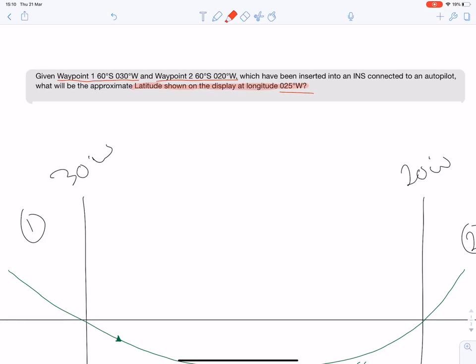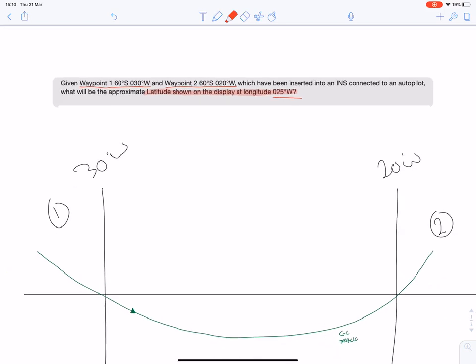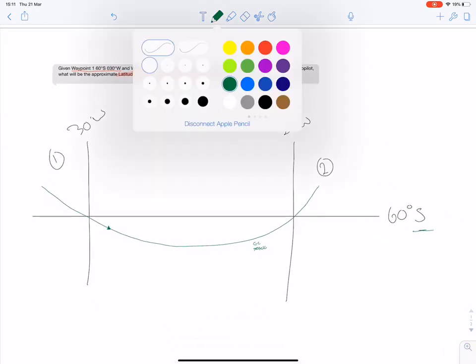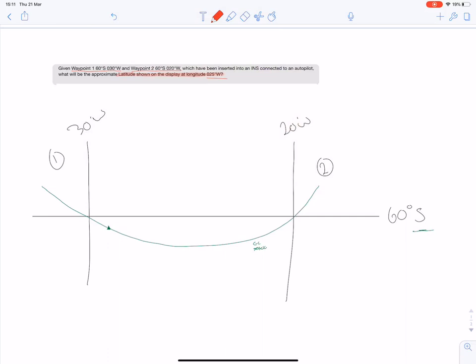The approximate latitude shown when we are crossing 25 west. 25 west would be midway between, and we are looking for what will be the latitude that we will be reaching here. What would be the southernmost latitude that we will reach?